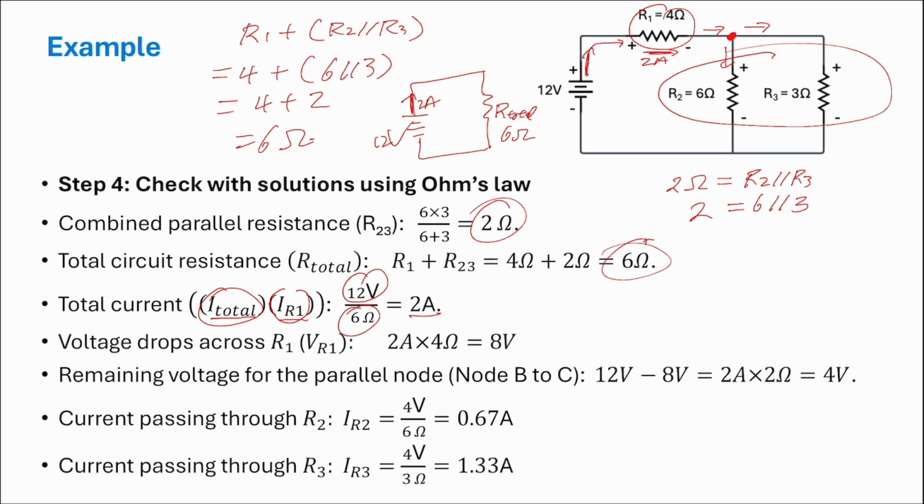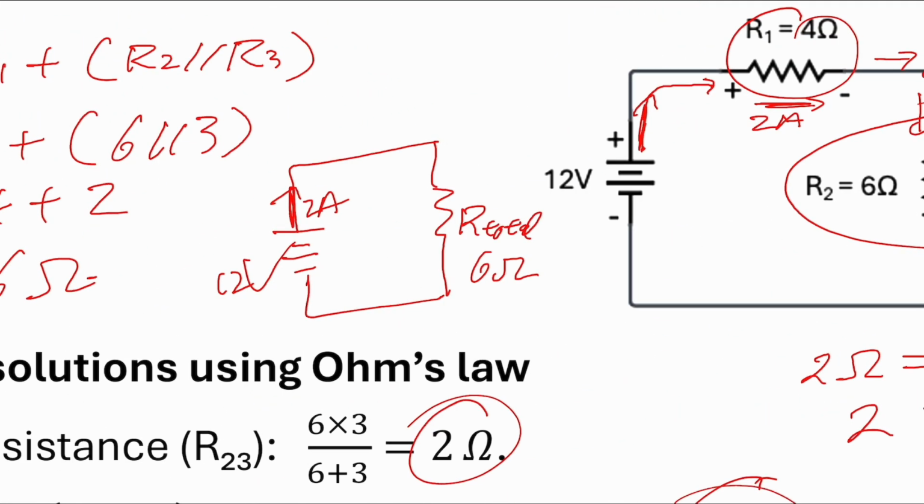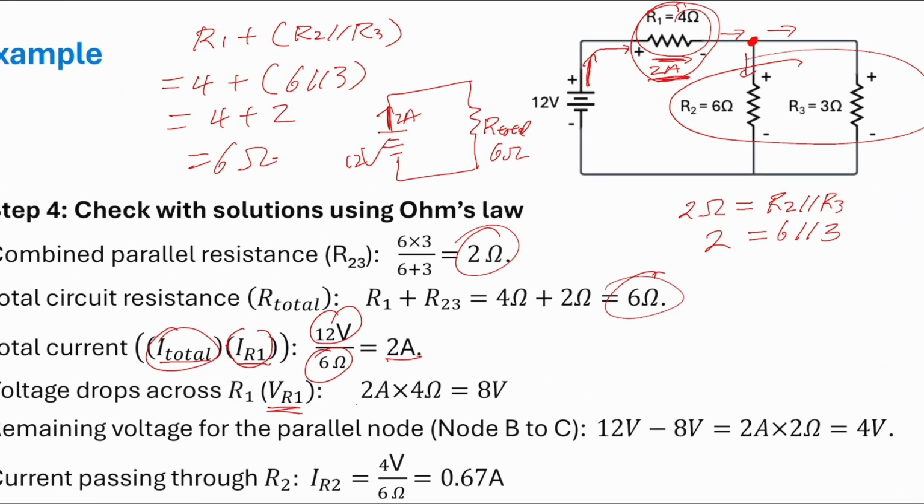Now next, we want to find the voltage drop across R1. So we call this one VR1. We know the current, we know the resistance, so the voltage drop is 2 amp times 4 ohm, which is 8 volt. But the total voltage is 12 volt.